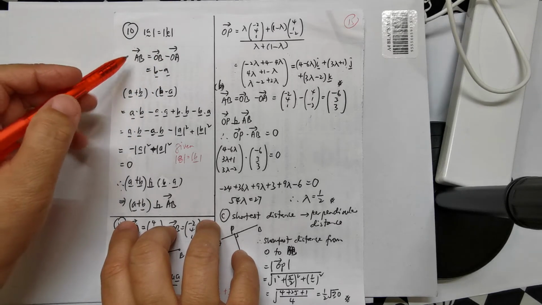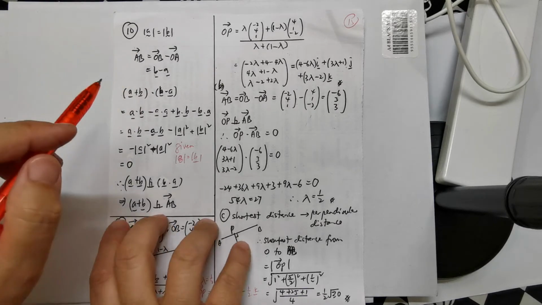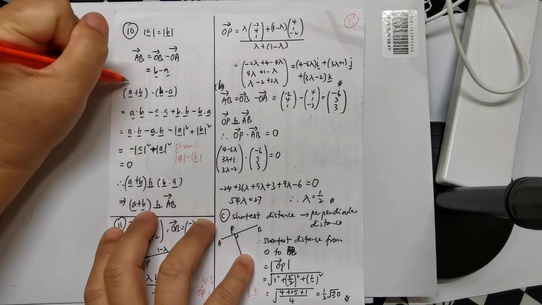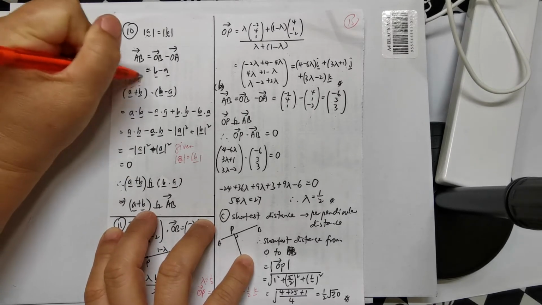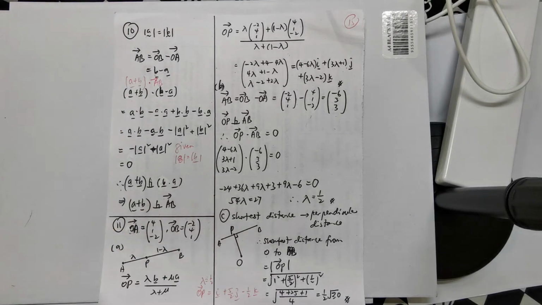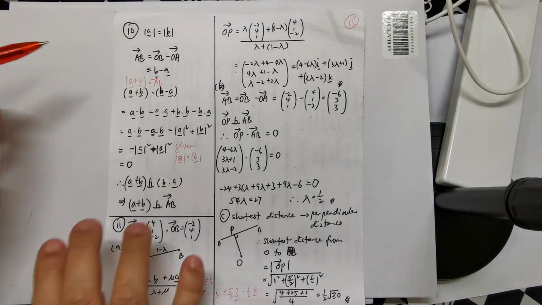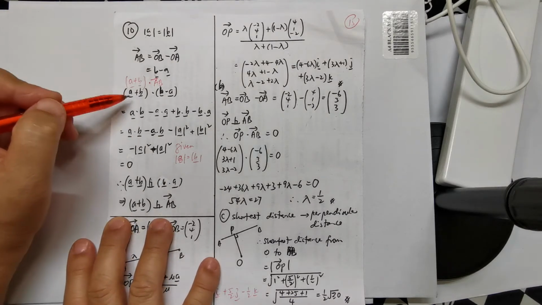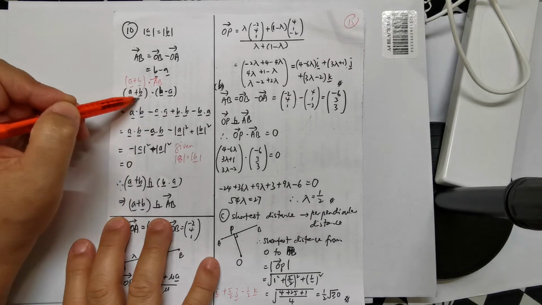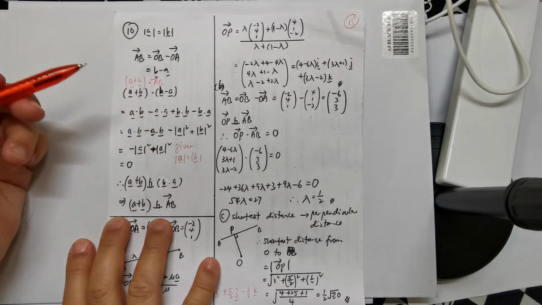Alright, so I want to show that a plus b and AB are perpendicular. So I must find their scalar product. This one is supposed to be a plus b dot vector AB. Okay, and from here we showed already that vector AB is b minus a. Then by using the distributive law, a dot b minus a dot a plus b dot b minus b dot a.